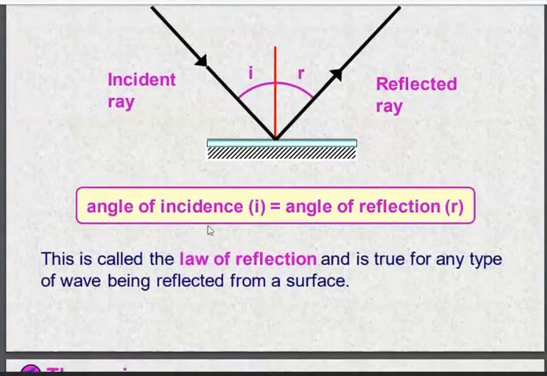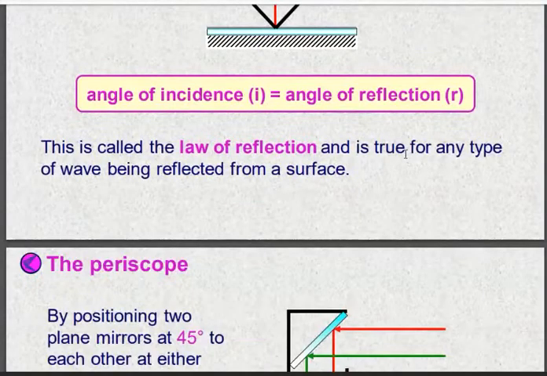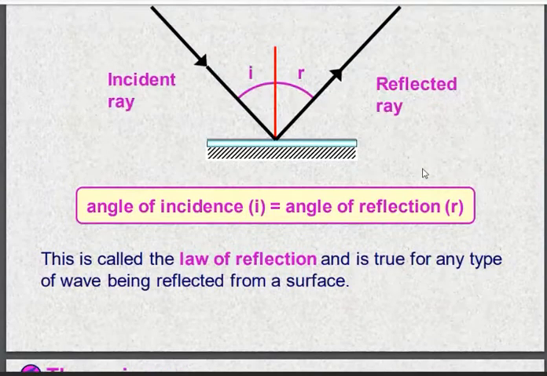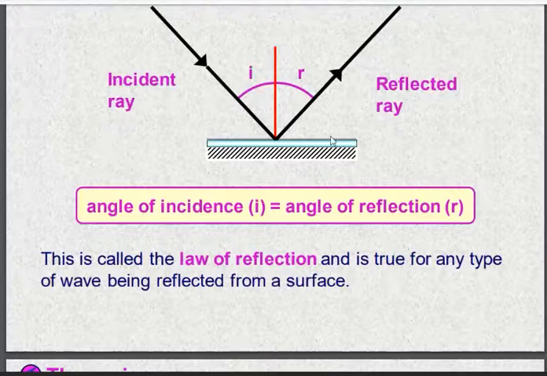Now, in order to understand the law of reflection, there are two laws of reflection. The first one says that the incident ray, the normal and the reflected ray all lie in the same plane. This is the first law.